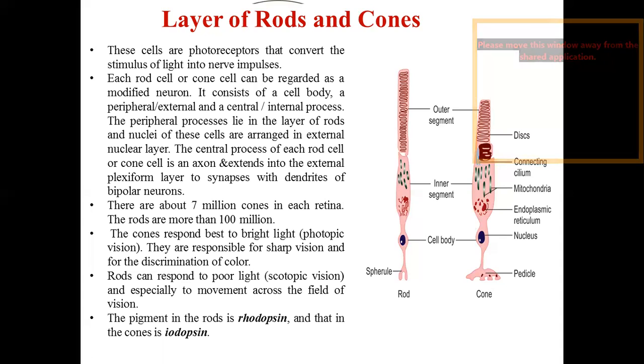So they are also known as modified neurons, which have a cell body. They have cell body, external and central processes. So you can see outer and inner segment, cell body, and their processes.